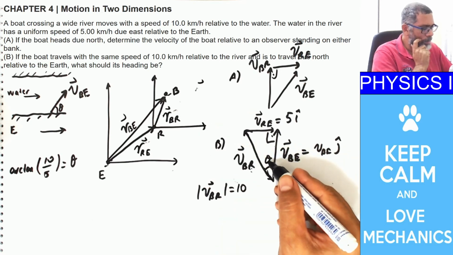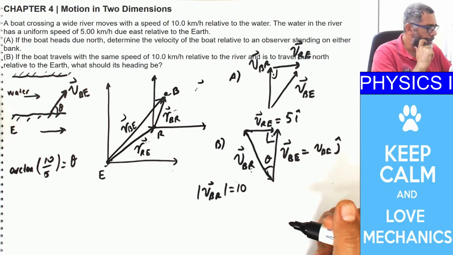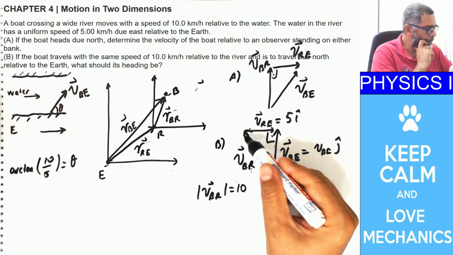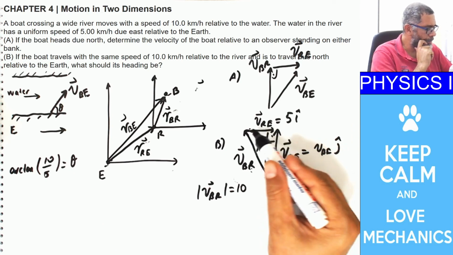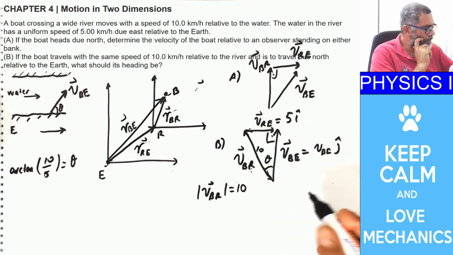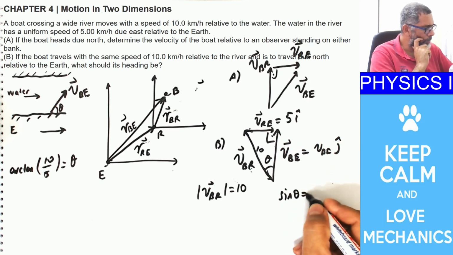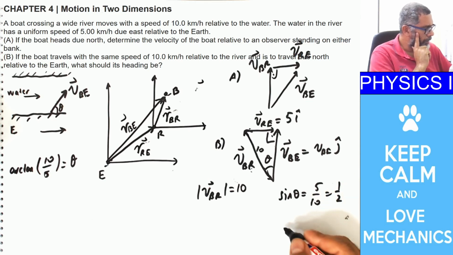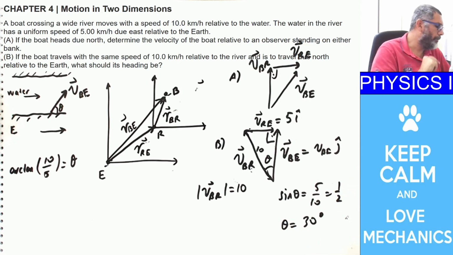If you find the angle, that's done. So if the hypotenuse is 10, and this side is 5, that means sine of theta is 5 divided by 10, which is 1/2. If sine of some angle is 0.5, it is going to be 30 degrees, if I'm not wrong.